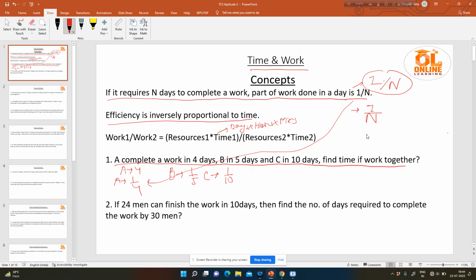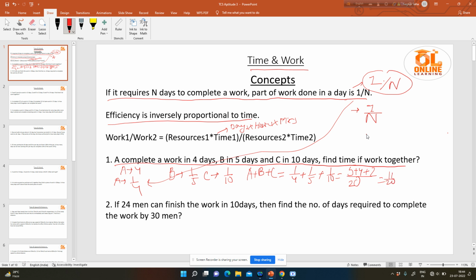So the amount of work done by all of them together in 1 day is A plus B plus C, which is equal to 1 by 4 plus 1 by 5 plus 1 by 10. Let's take the LCM, which is 20. 4 5s are 20, 5 4s are 20, 10 2s are 20. So it would be 5 plus 4 is 9, plus 2 is 11.